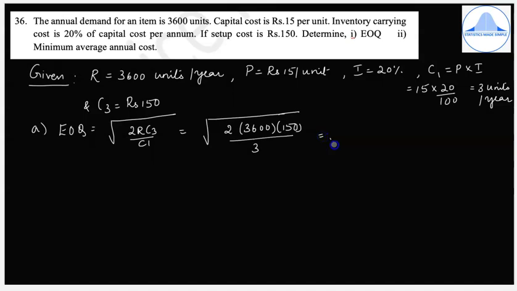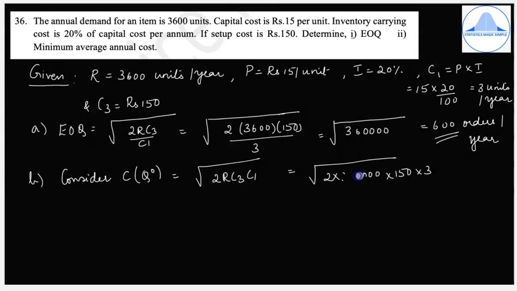So which is equal to root of 360,000, which is equal to 600 units per order.